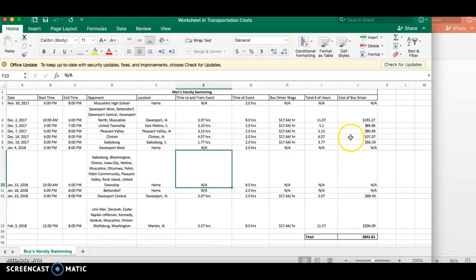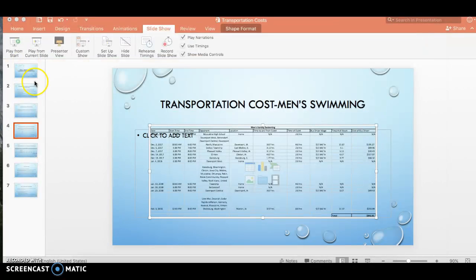And so for the men's varsity and junior varsity swim team, for 11 meets, 4 of those being at home, they spent $842.81 on transportation costs.